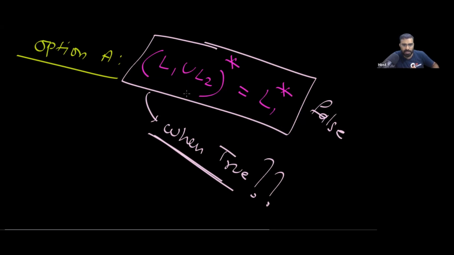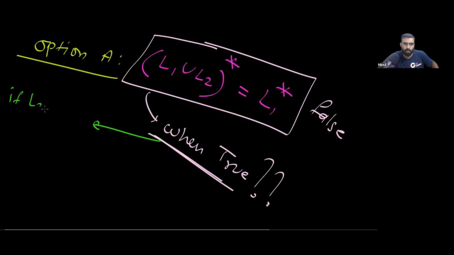If L2 is a subset of L1, then definitely it will be true. But if L2 is not a subset of L1, then it may or may not be true. This statement is false, but when will it be true?